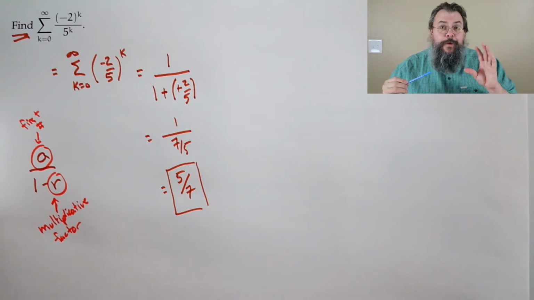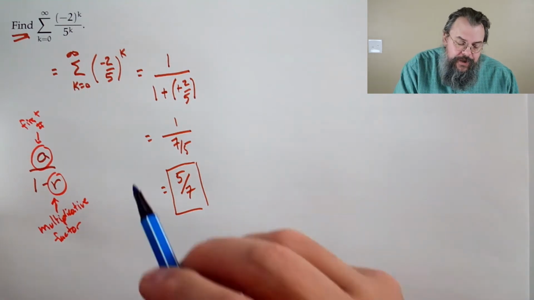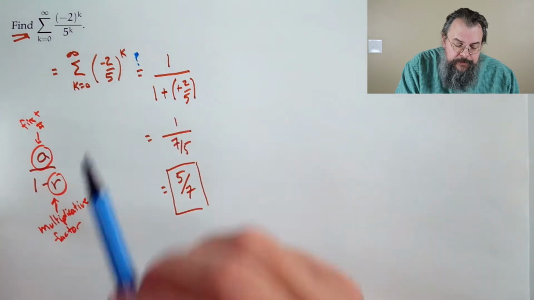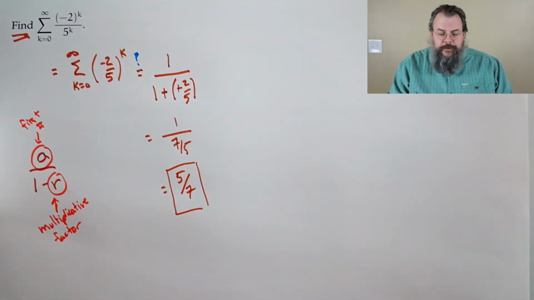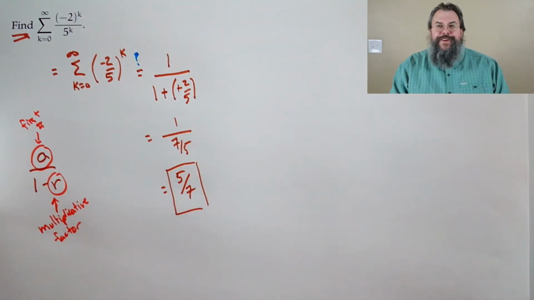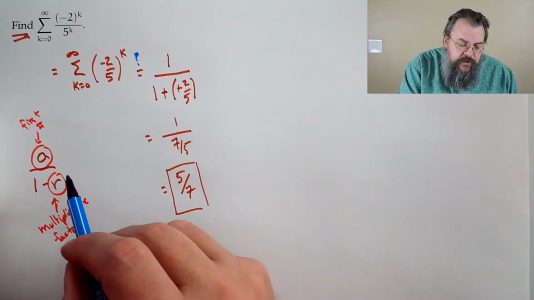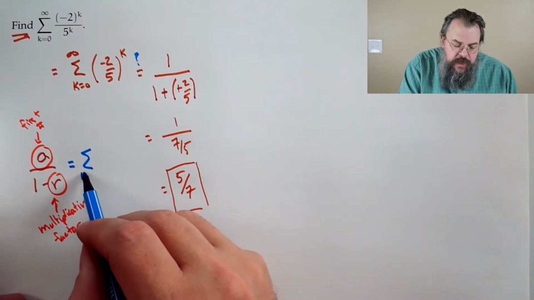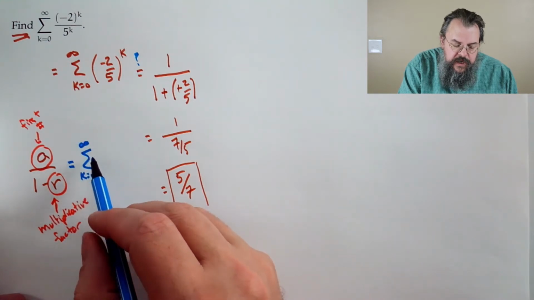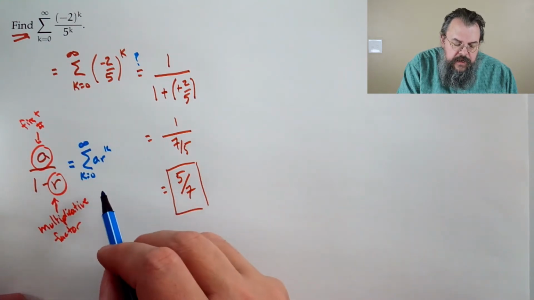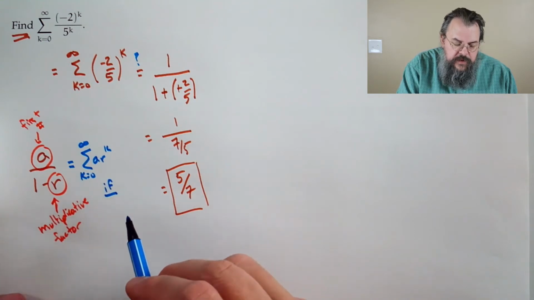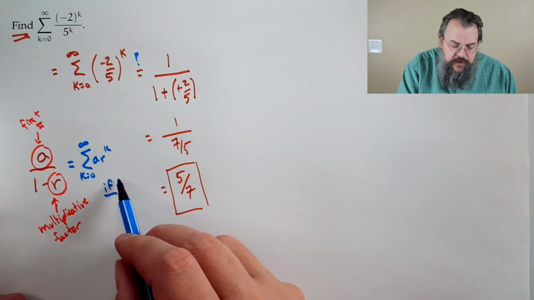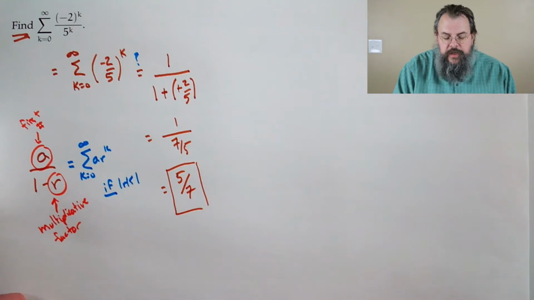Were we okay in this step? You said, you wrote it down, Steve, you must be okay. What's your concern? Well, remember, when we're talking about this sum, this is equal to the sum from k equals 0 to infinity of ar to the k if the size of r is small enough.